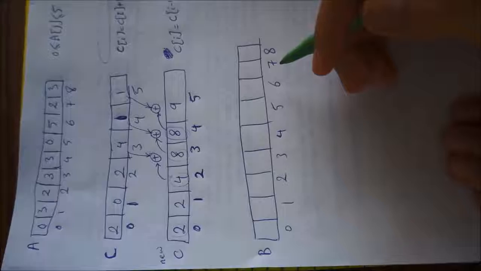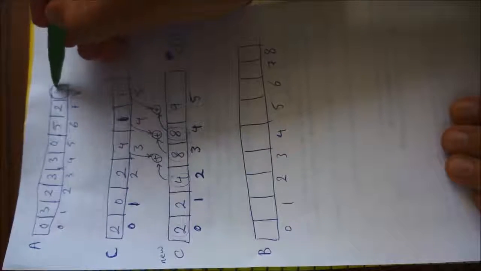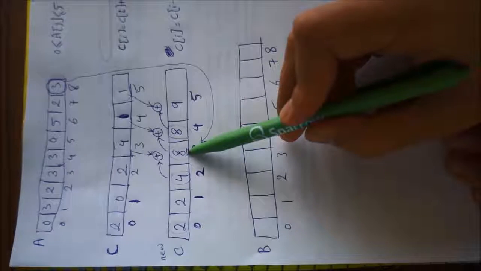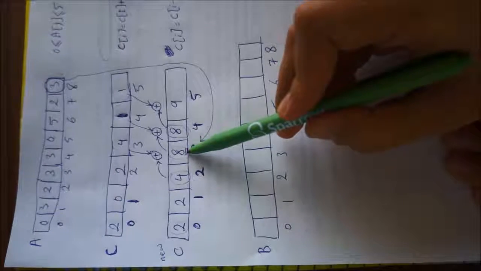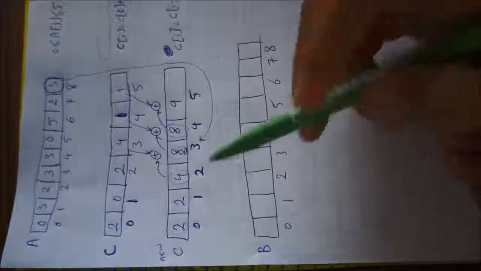The algorithm works like this. You start from the last index of A. Take that number, which is 3, and go to the new C on index 3. If you look at the number in index 3, it means that there are 8 numbers that are less than or equal to 3 in the array.